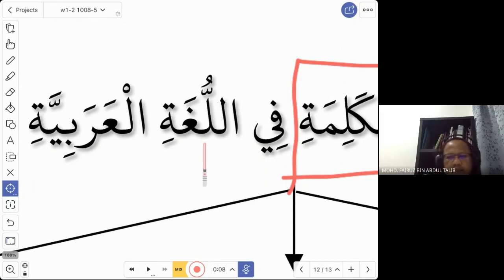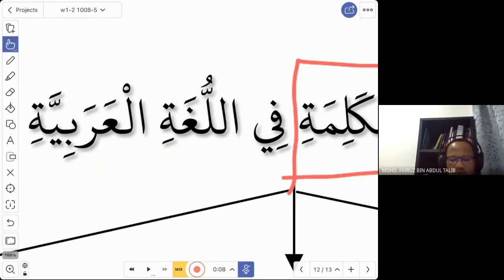Al-lugha means language, so in the language al-arabiyyah, Arabic. This is how we say Arabic language: al-lughatul arabiyyah, or in this case, al-lughatil arabiyyah. Al-lugha is language and al-arabiyyah is Arabic.